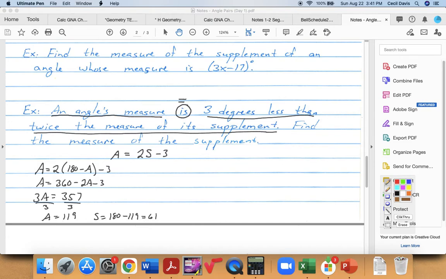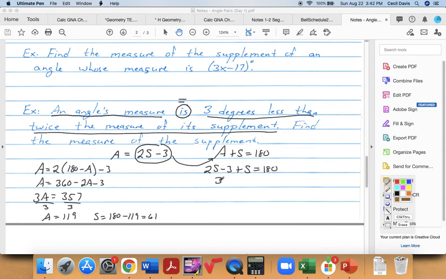The other way you can solve this involves writing a new equation. And that new equation is that you know that an angle added to its supplement is equal to 180 degrees. Now I've got two unknowns and two equations, and I can substitute this in the place of A because it's equal to A. So that would be 2s minus 3 plus s is equal to 180.